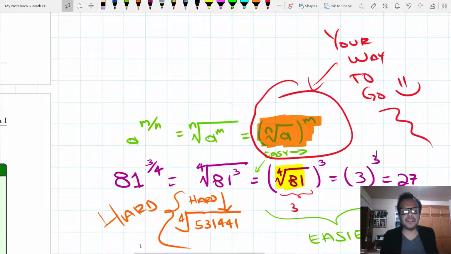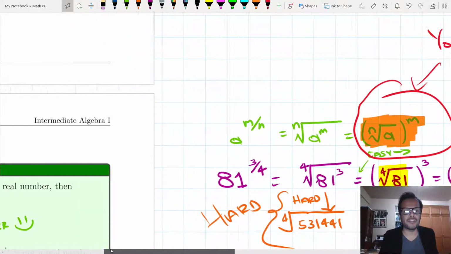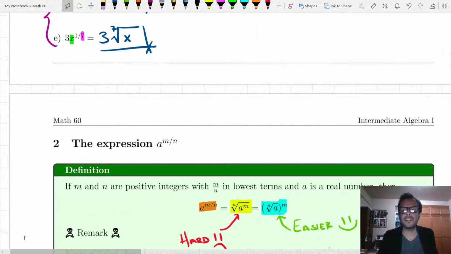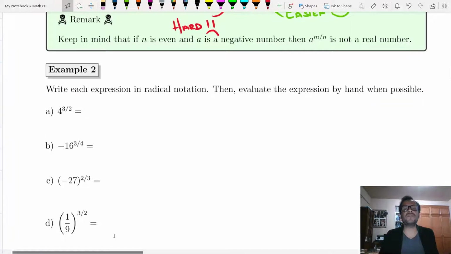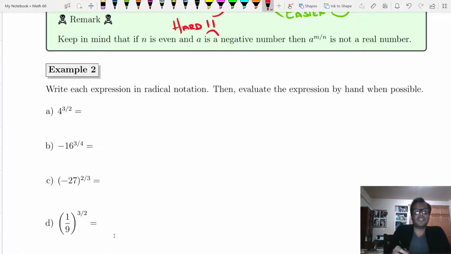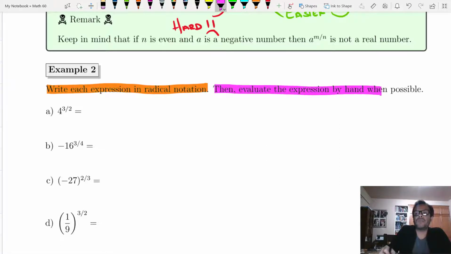Okay, let's go back to the actual examples on our lecture notes. Okay, so let's simplify each of the following. Number one, write each expression using radical notation, then evaluate the expression by hand whenever possible, which is what we're going to do.